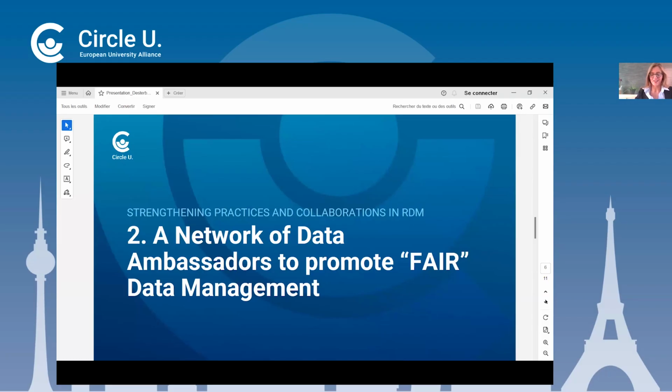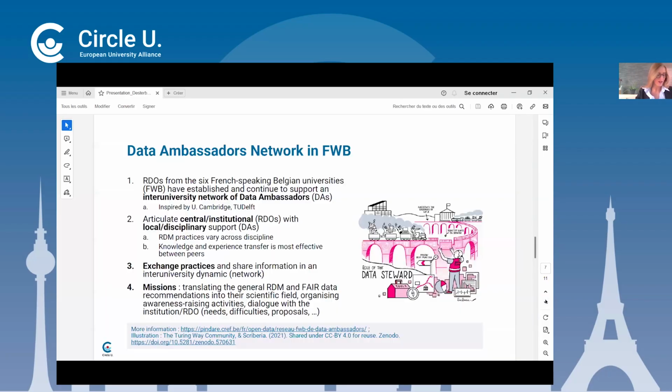Now the second part. To support and promote FAIR data management, each French-speaking university in Belgium has appointed a research data officer, like me, and these RDOs work within their respective universities in collaboration with a community of data ambassadors.